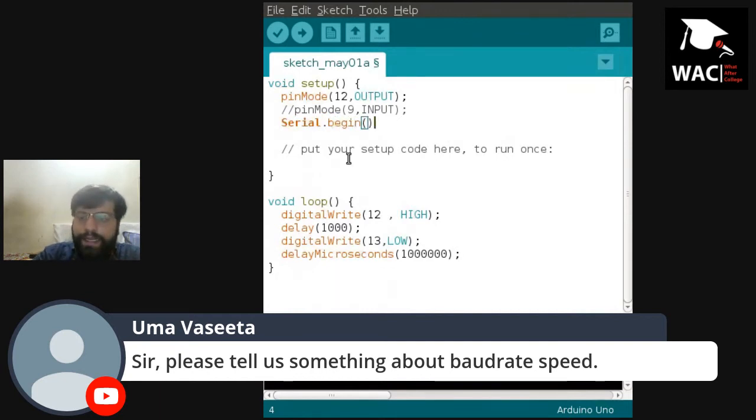Serial.begin 9600, let's say, which means that 9600 bytes will be sent out every second, and the same will go on the receiver end, which initializes that particular system to receive 9600 bytes per second.